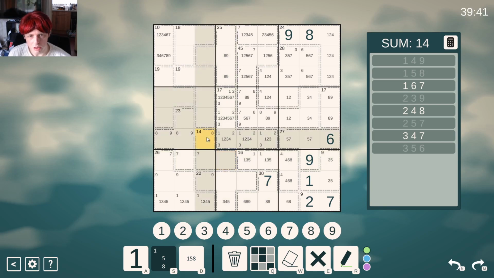A 3 would have to be there. If it contains an 8, it doesn't have to be there. That's just for the row.